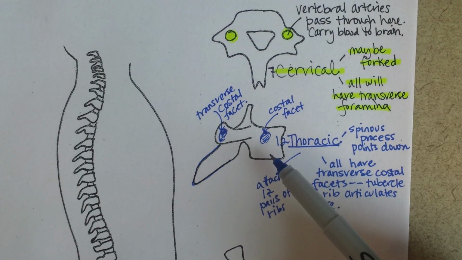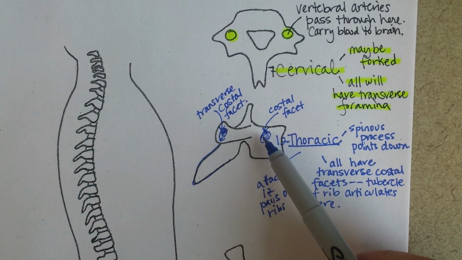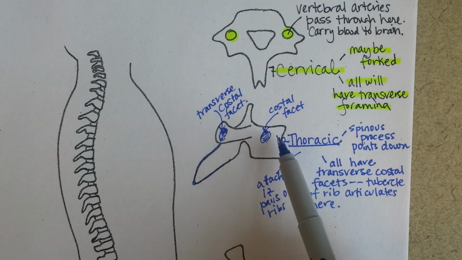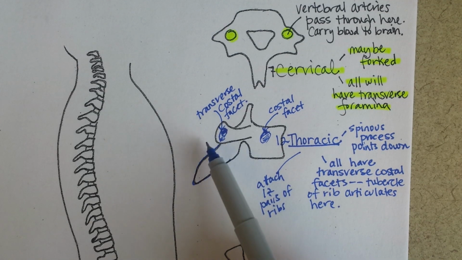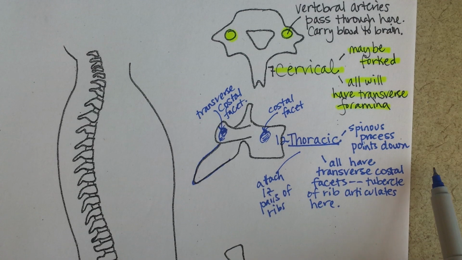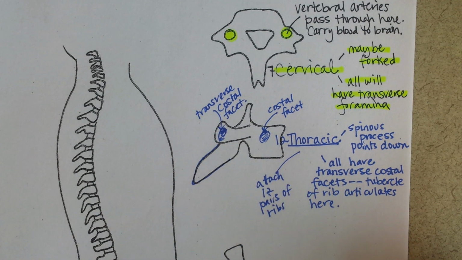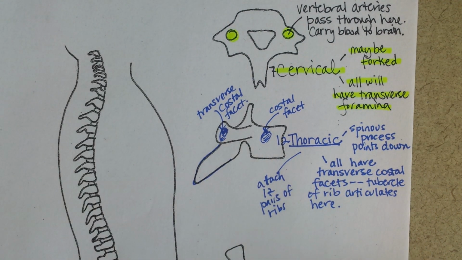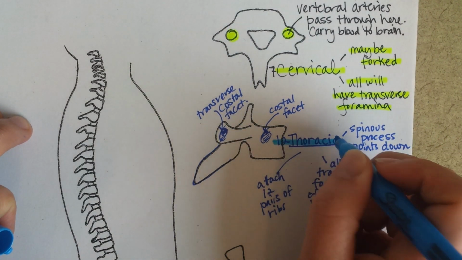So each of the 12 thoracic vertebrae is attached to a rib, the head of the rib will fit here, the tubercle of the rib will fit here, and then the rib comes around. So this is toward the back of the body, and then this would be toward the belly, and the rib cage would protect the heart and lungs. So those are the thoracic, 12 thoracic.